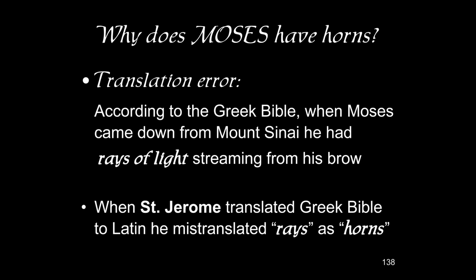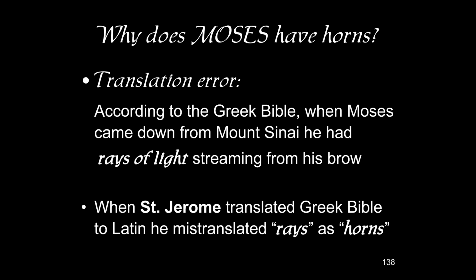Okay, St. Jerome wanted people to be able to read the Bible. And he knew that not everybody read Greek, so he translated into the ordinary language, Latin. But even Jerome made a mistake. According to the Greek Bible, Moses is coming down from Mount Sinai, having received the 10 Commandments, having spoken to God in the burning bush. And the Bible says he has rays of light or beams of light, coming from his brow.